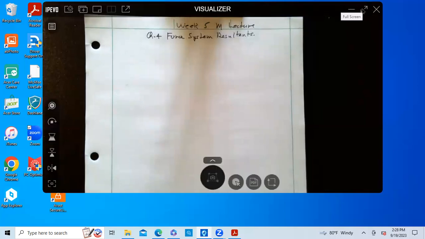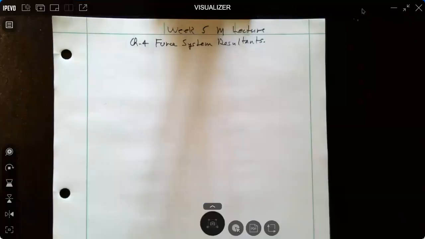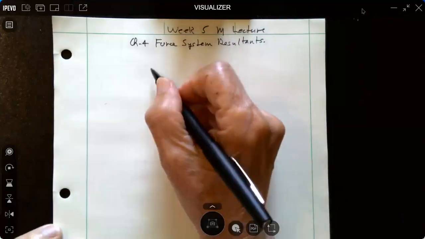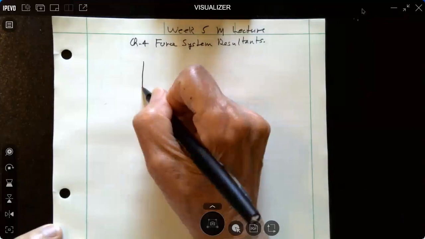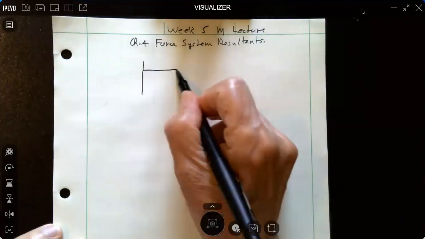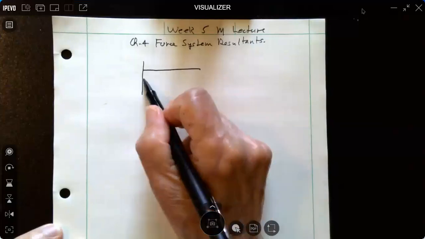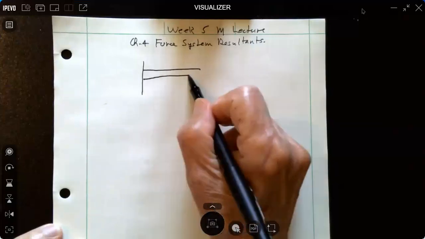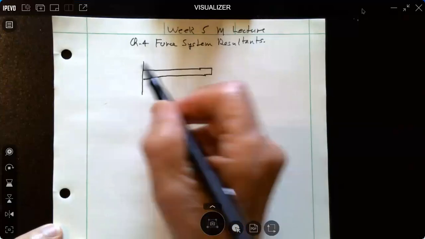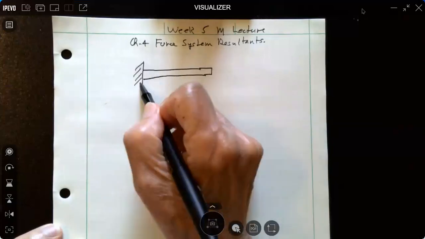So let's take a look at force system resultants. First thing I'm going to do is construct what's called a cantilever beam. So this is the support system.